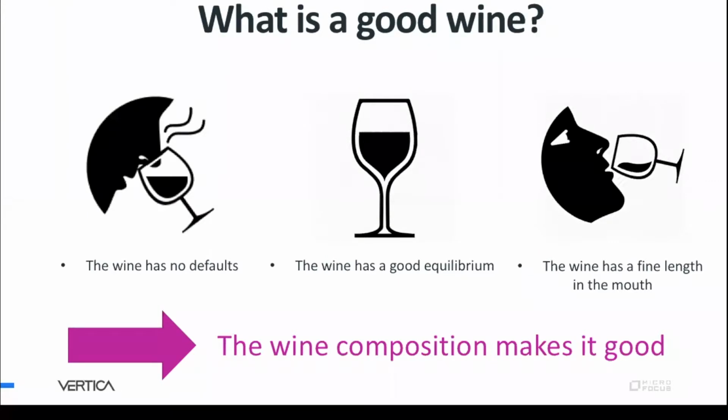And finally, the wine must have a fine length in the mouth, which means that when you drink it or just spit it after tasting, the taste of the wine stays in the mouth for a certain amount of time. If it is fast, it's not a good wine at all because it's really related to the quality of the grapes.